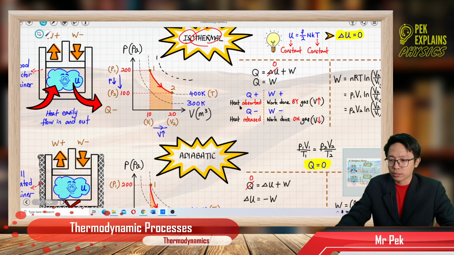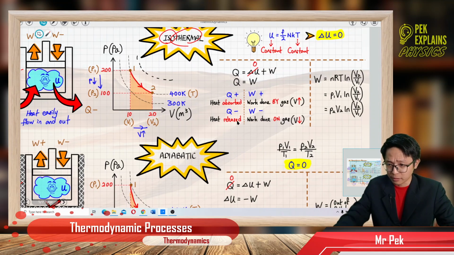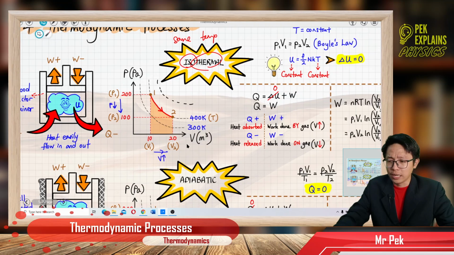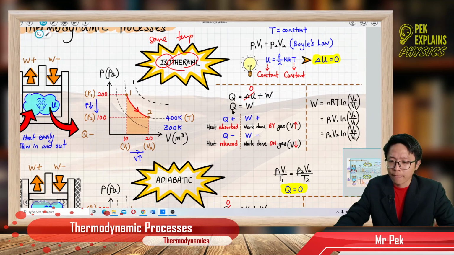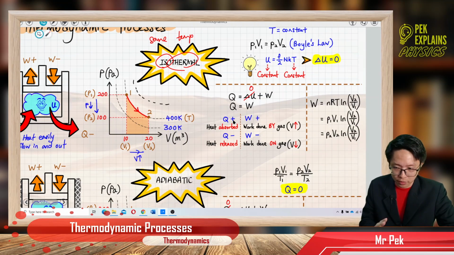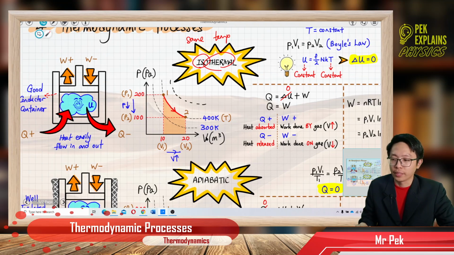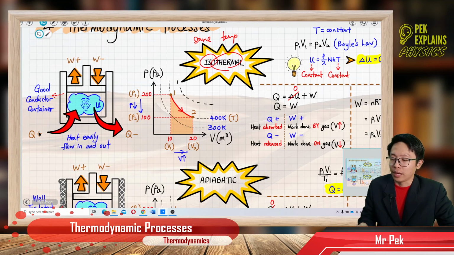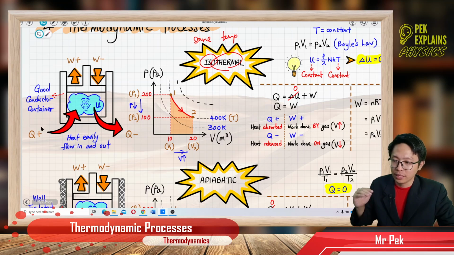Okay, let us look at what happens in the isothermal process in detail. If Q is positive, W will also be positive. What does the first condition mean? Q is positive when heat is absorbed. When heat is absorbed, there is no change.